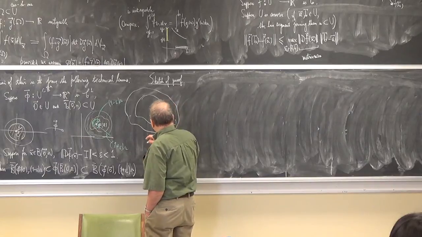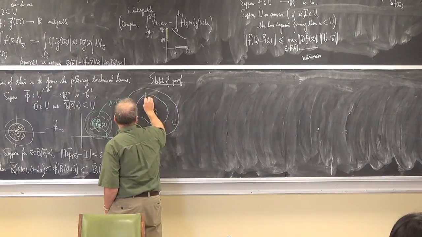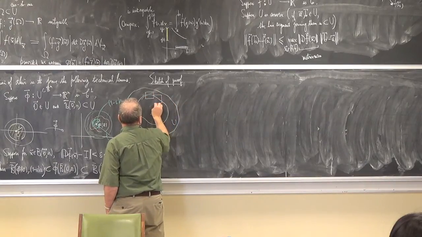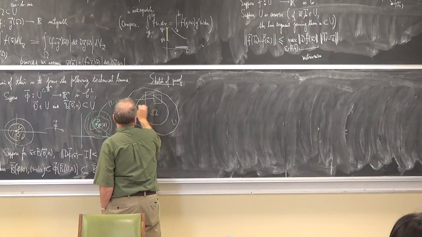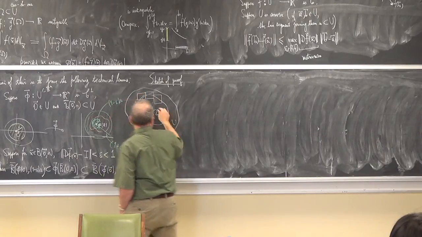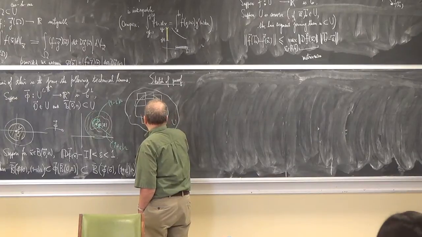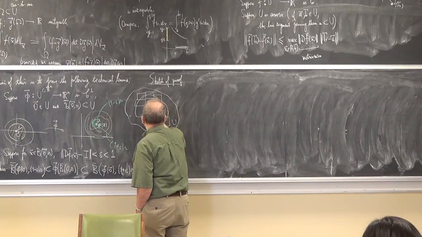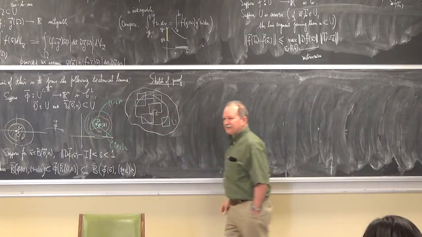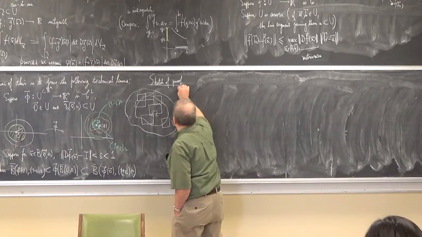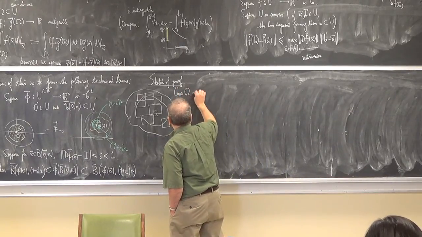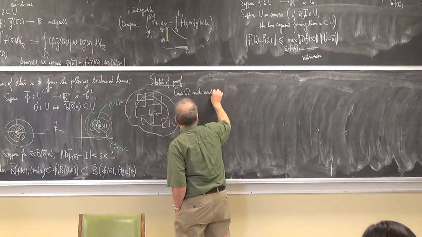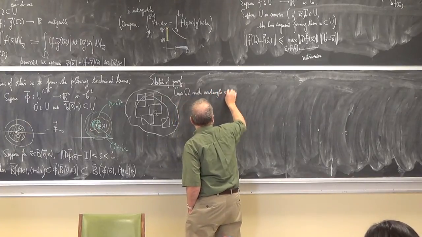Then I can cover omega with rectangles that are all contained inside of U, etc. So cover omega with rectangles, all contained in U.